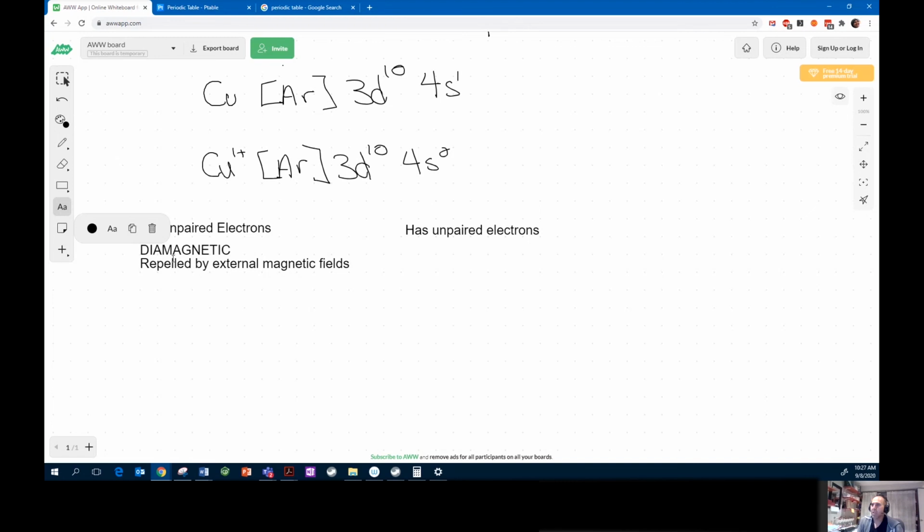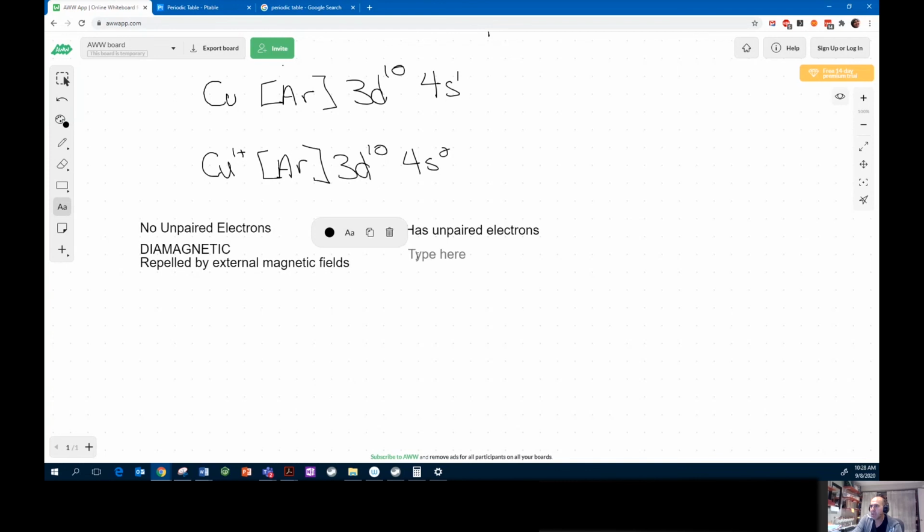What does that mean? It means if something has no unpaired electrons in it, no matter how strong the magnet is, it will never be attracted to a magnet, even if it's a metal. It will always be repelled. Often the effect of diamagnetism is pretty weak, so it's weakly repelled.